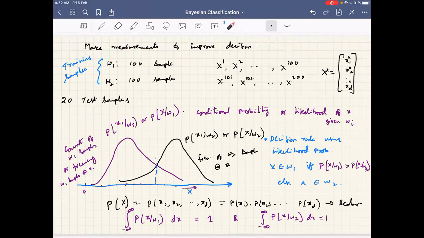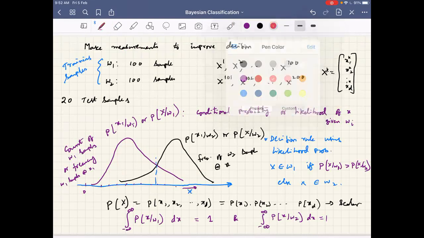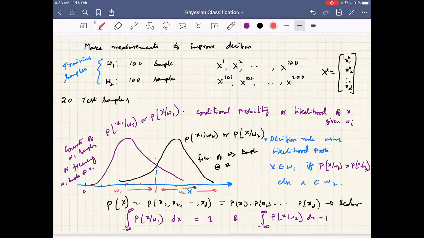Then I say that up to this region it belongs to the omega 1 class, region R1, and from here it belongs to the omega 2 class, region R2.